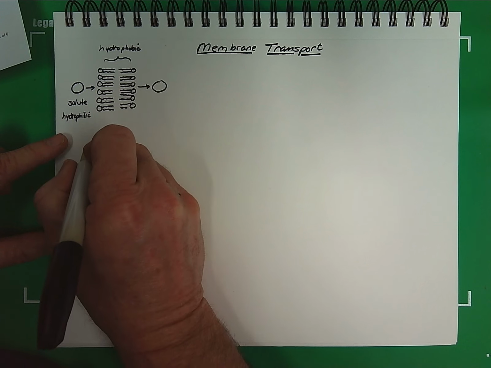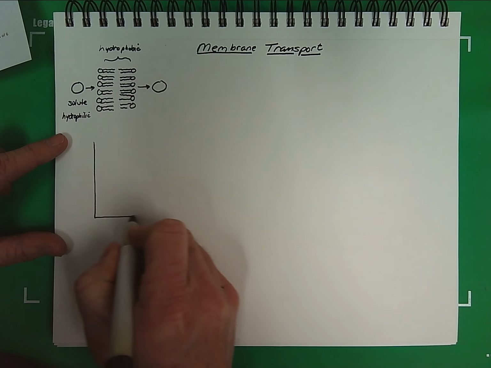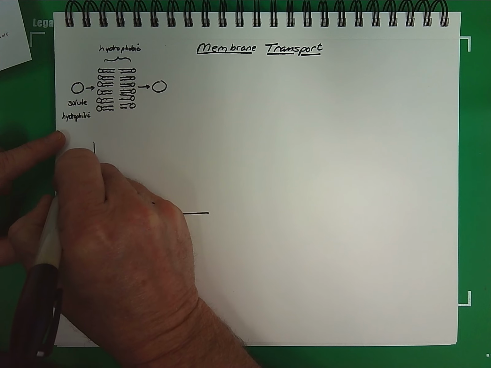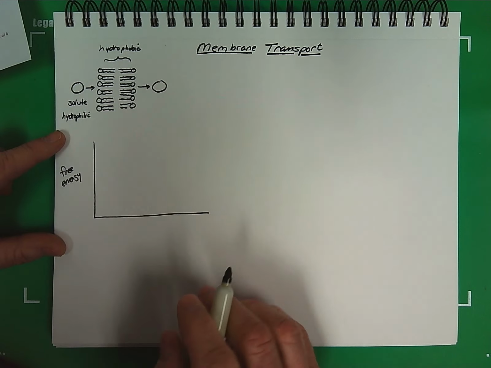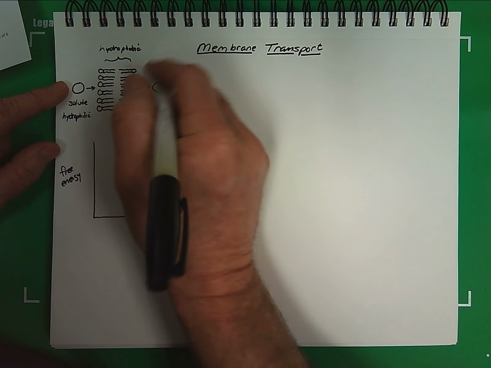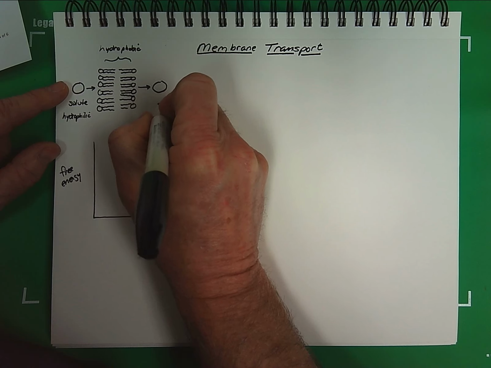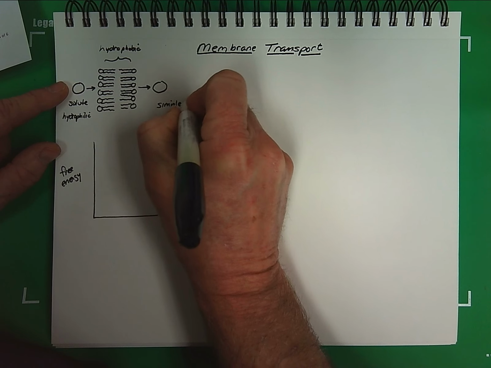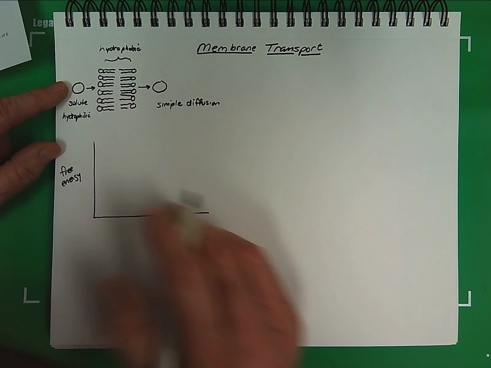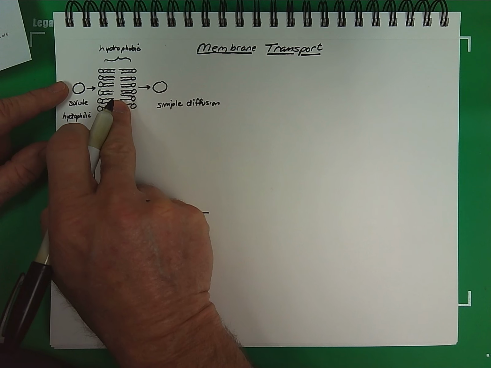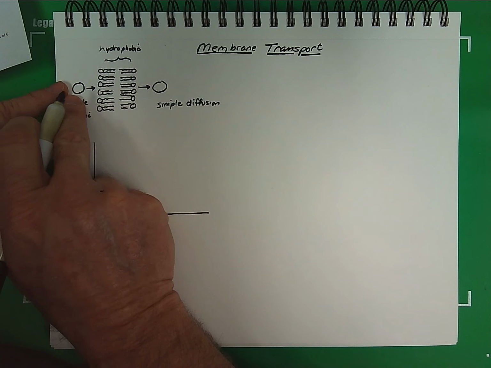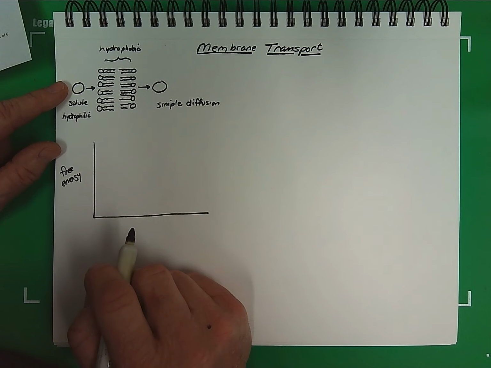Now, if we look at the free energy change on this reaction, let's assume that we are going to be moving the solute across this membrane by simple diffusion. Simple diffusion is the movement of a solute across a membrane unaided, so there's no protein involvement. It's just simply the solute passing through this membrane.